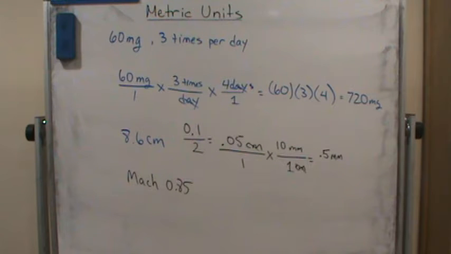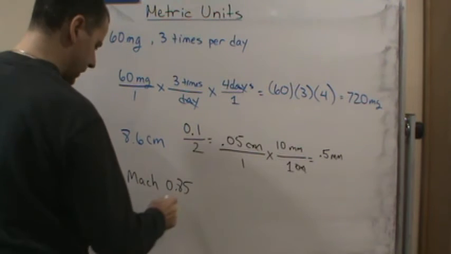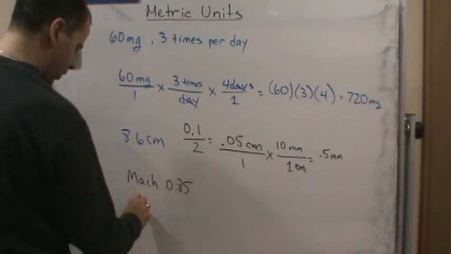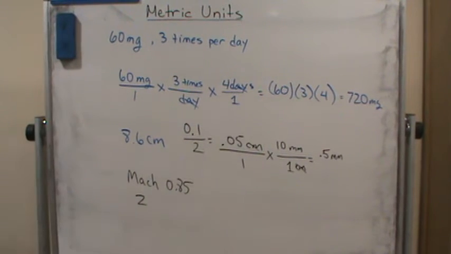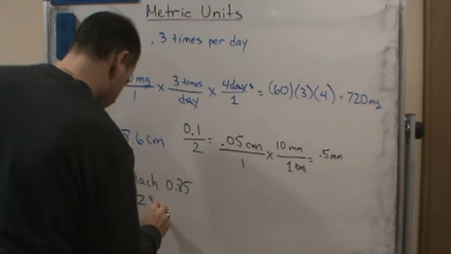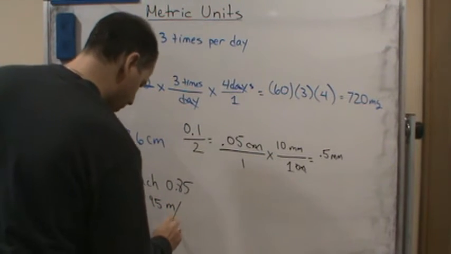Anyway, it says if the speed of sound at cruising altitude is 295 meters per second. Okay, so at this cruising altitude, it's 295, so it's approximately 295 meters per second.